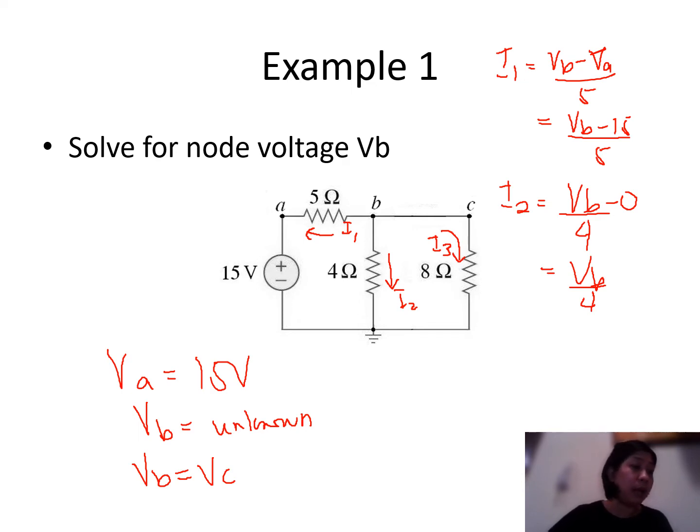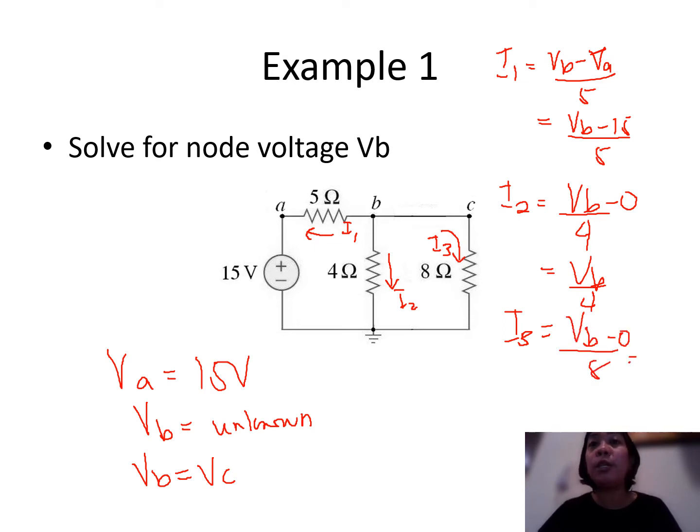So how do we write our I3? Same. Instead of writing VC, we will just express your VC with respect to VB because they are just equal. So we can just write here VB minus 0 again all over 8, or simply VB all over 8.